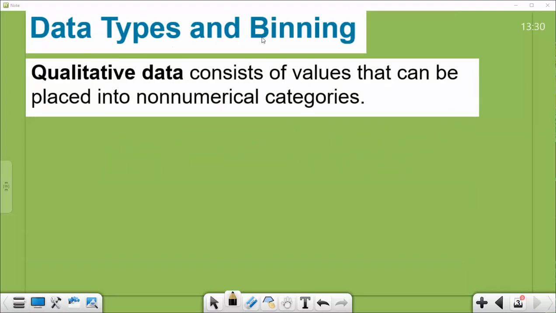All right, so data types and binning. Qualitative data consists of values that can be placed into non-numerical categories. So we have two types, qualitative and quantitative. Qualitative, I always think of quality, right? It describes a quality, that's not numerical. Non-numerical, that's the key.